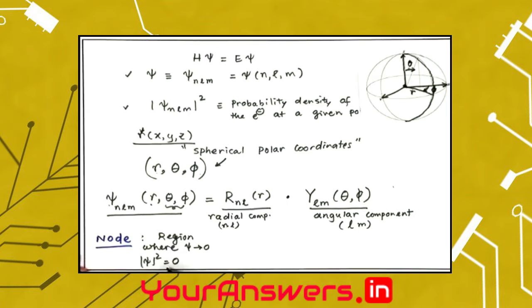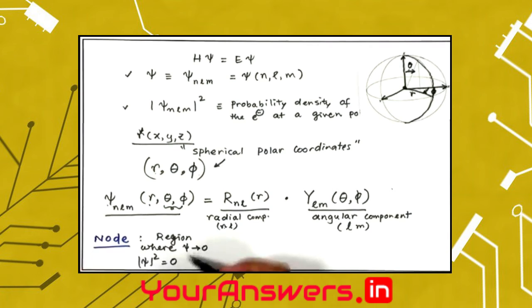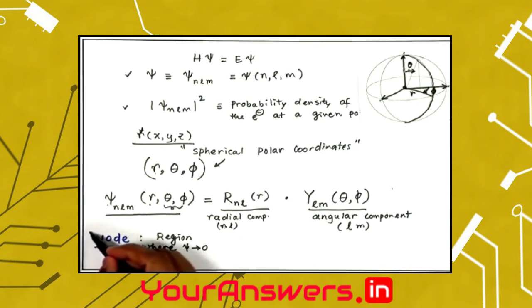If probability vanishes, what does that mean? That means that in that region you do not expect the electron to be present. The probability of finding the electron at that place or that point or that region is 0, and when that is the case, we call that region a node.